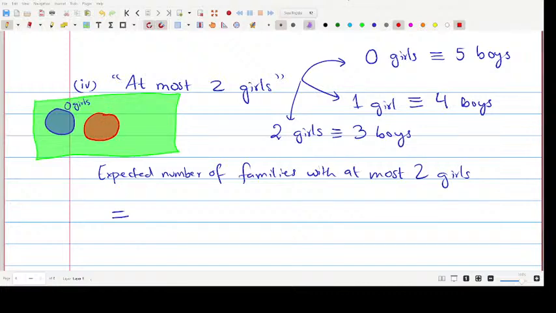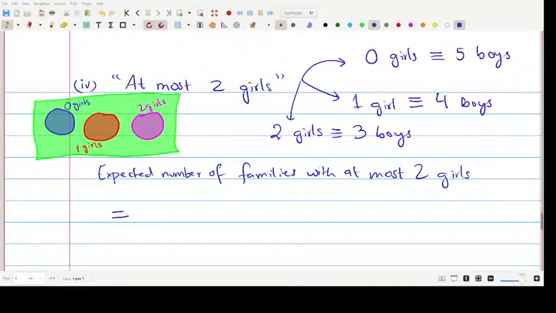These sets are not intersecting with each other, they're all disjoint sets. Since these are disjoint sets, the events are independent. Okay, so this is the set for two girls. All of these cases are independent of each other.